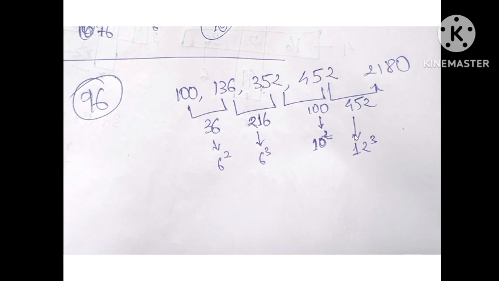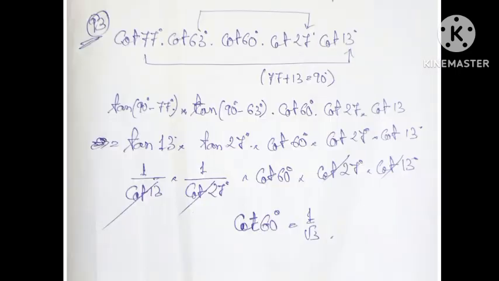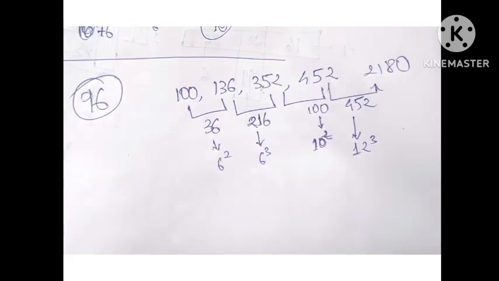So I am taking 12 cube. What will be 12 cube? 12 cube will be 1728.